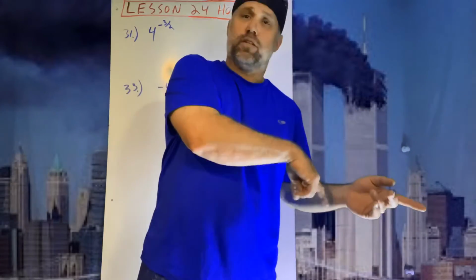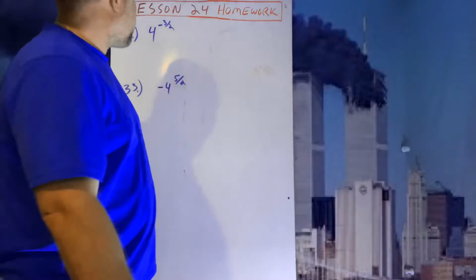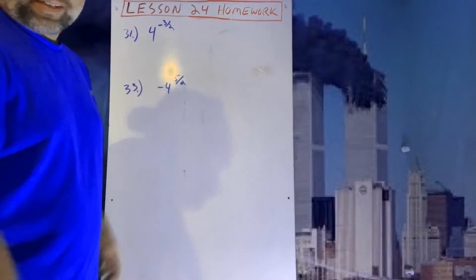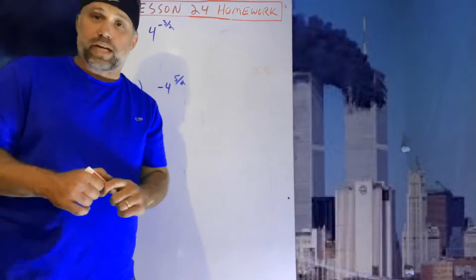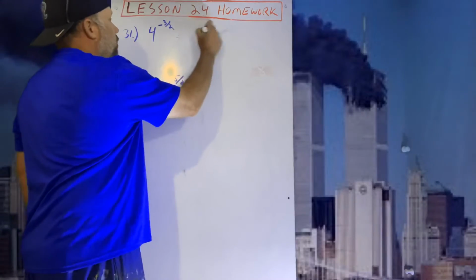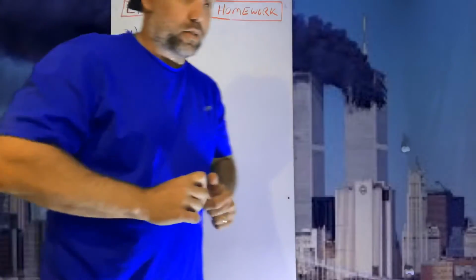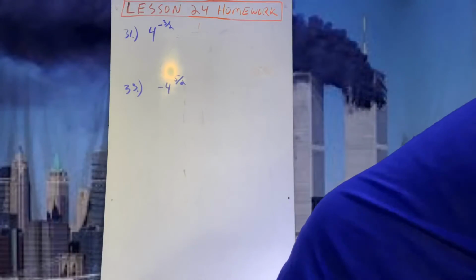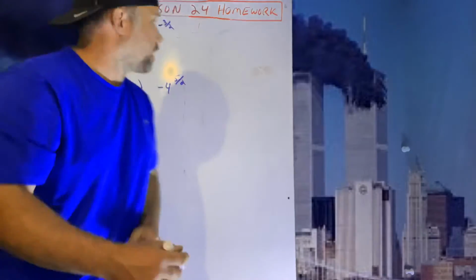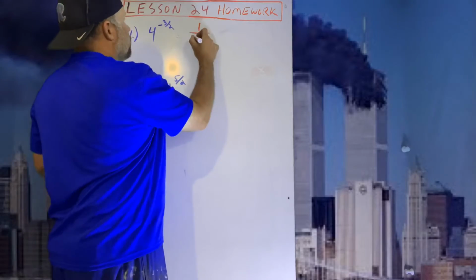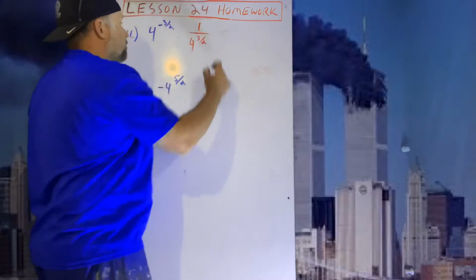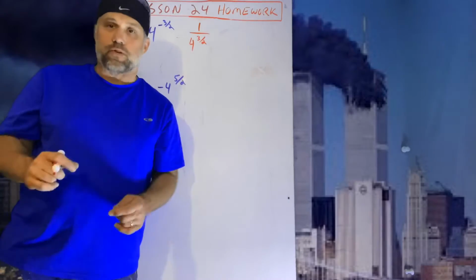But anyways, here are the two that I want to go over. Number 31, 4 to the negative 3 halves. Remember, raising something to a negative exponent means it's going to turn into a fraction. So this is going to turn into 1 over 4 to the 3 halves, positive, because that's what negative exponents do.